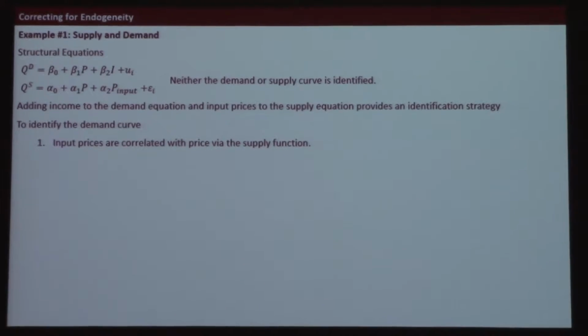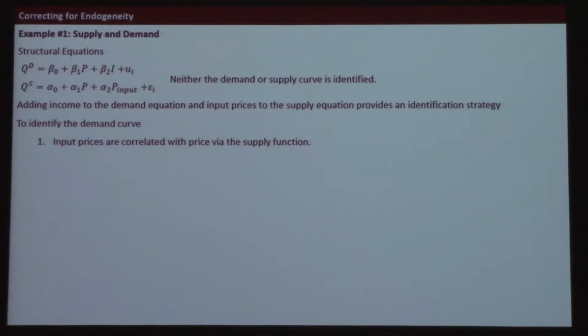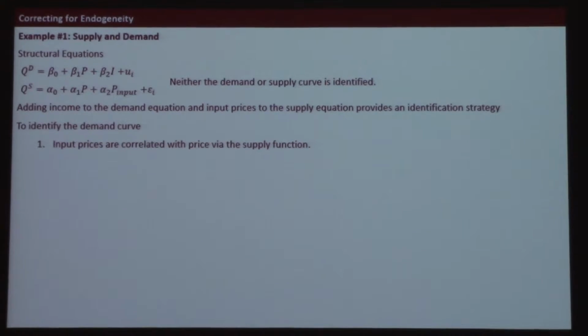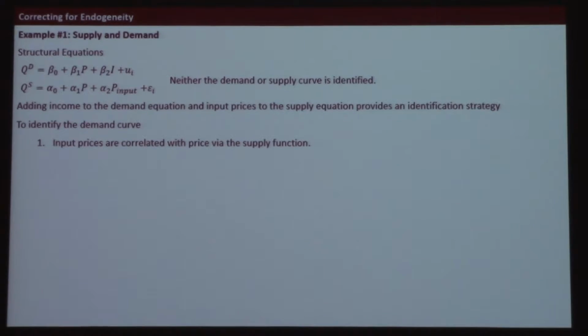If we think about this, we regress the price of anything equals gamma 0 plus gamma 1 price of an input plus e_i.